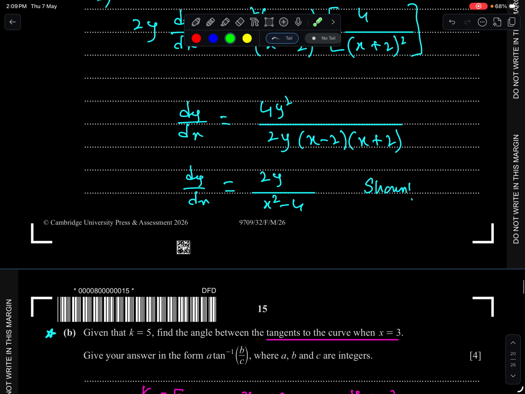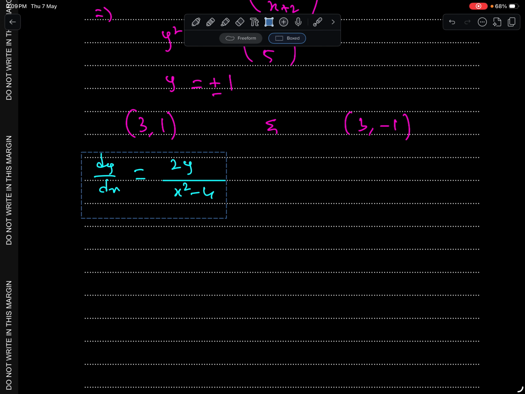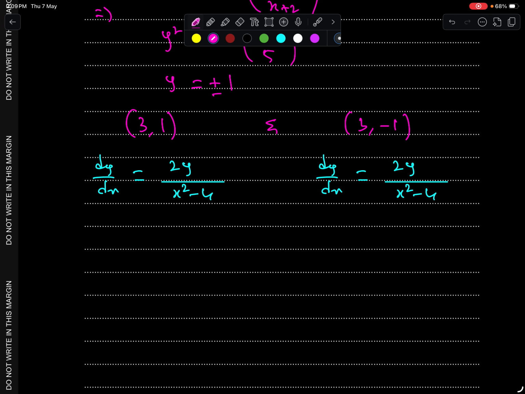Now get the gradient. This is the gradient equation. Now substitute x and y both into this equation to get gradient. So y is 1 and x is 3.